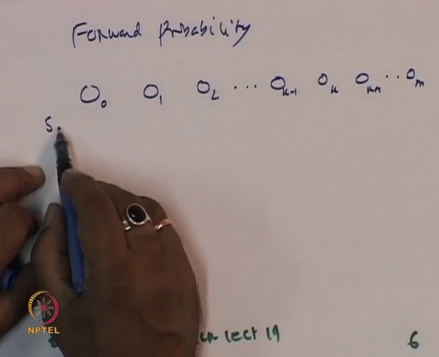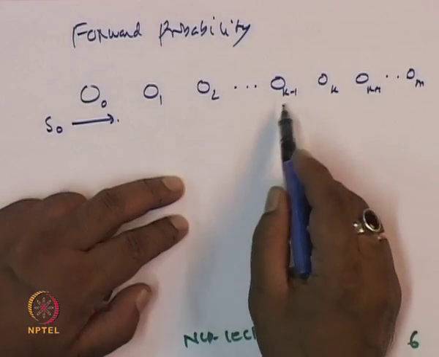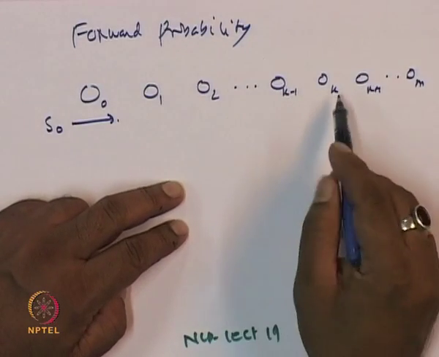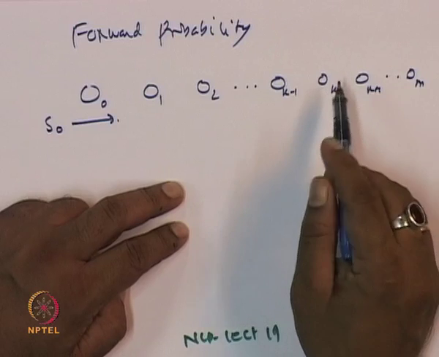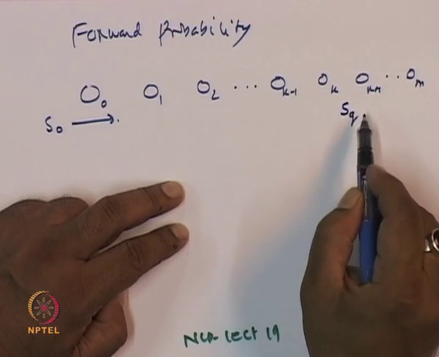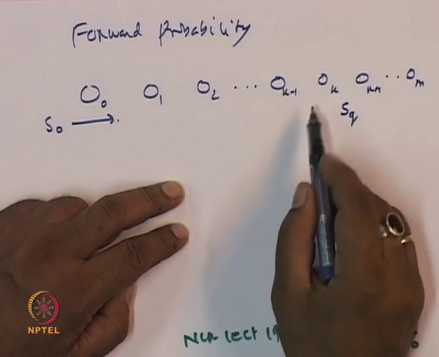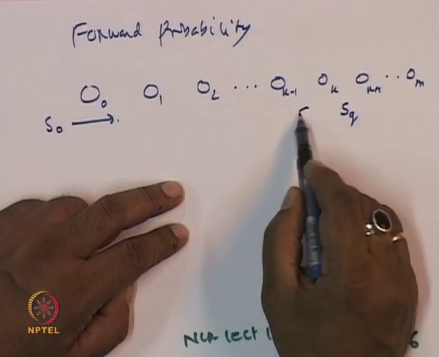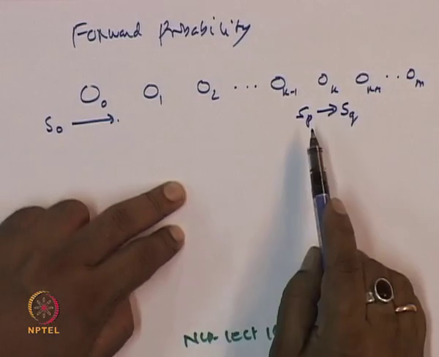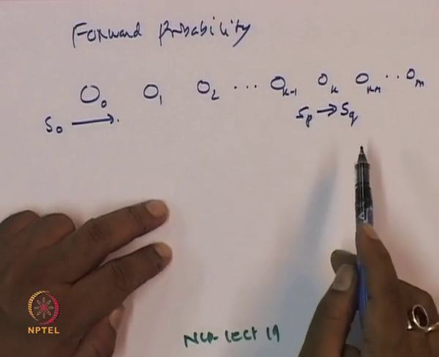The system starts from S 0 and goes to some state here. Let us assume the state is S q when the symbol O k is seen, and before that the state was S p. S p to S q on symbol O k.